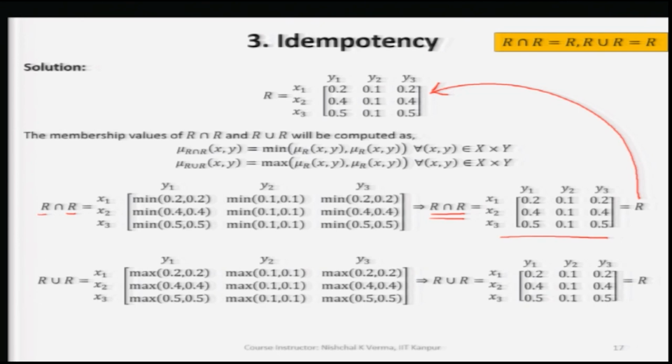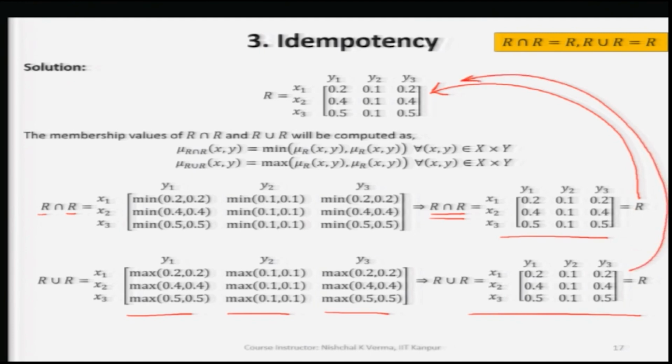Now, let us take the union. When we take the union of R and R, for union we use the max criteria. When we apply the max criteria, computing the membership values with respect to the corresponding generic variable values, we find again the relation matrix, which is nothing but R. What does this mean?